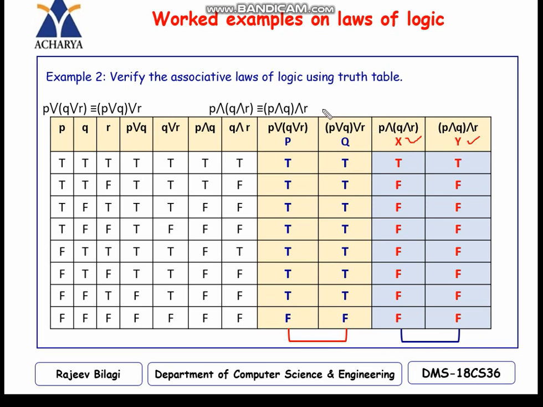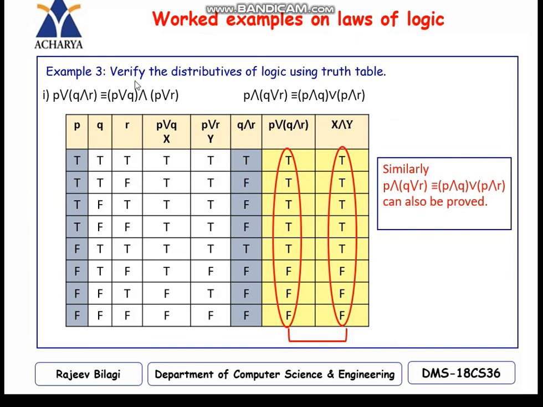So, this one and this one, you are going to get the same truth values. Hence, by using truth tables, the associative law is verified. Okay, we will see another problem.